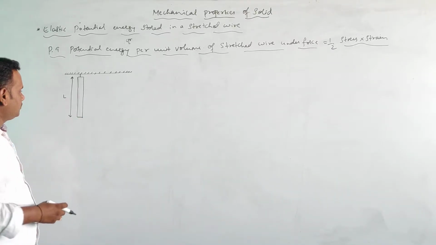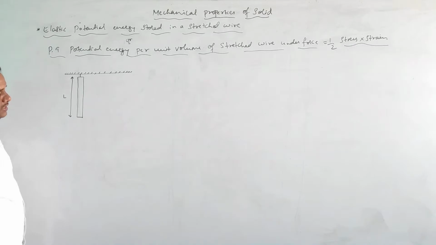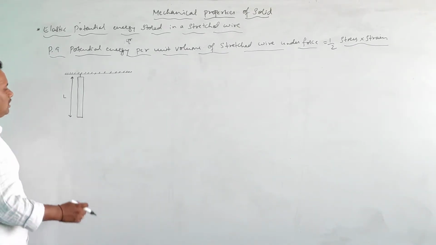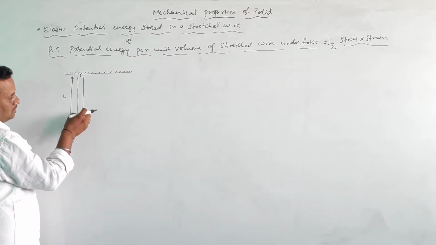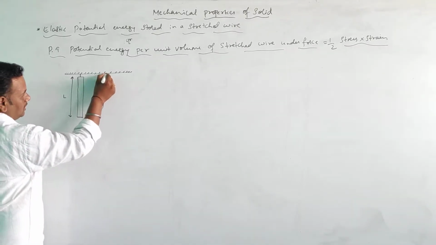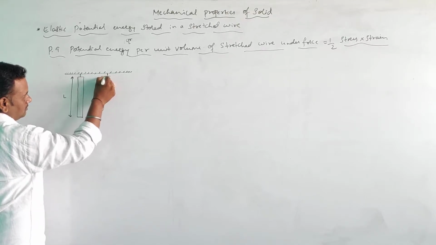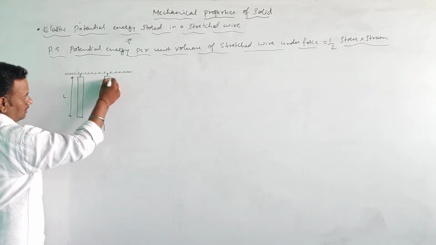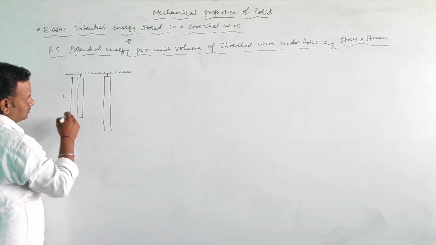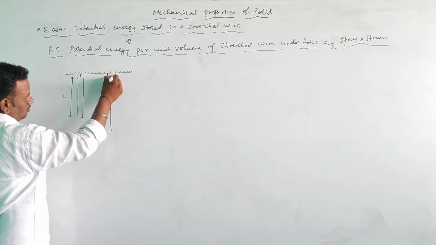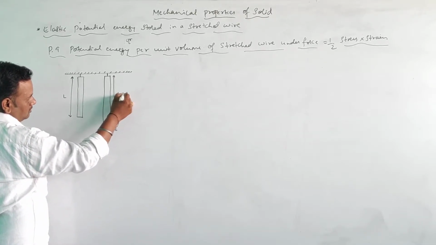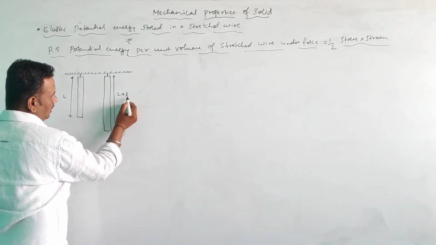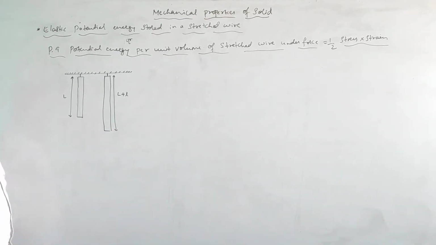By applying a force, we are stretching this wire. What happens when we stretch this wire? There will be an increase in the length of the wire. So the total length of the wire will be L plus small l. Here small l is the increase in length, and capital L is the original length.